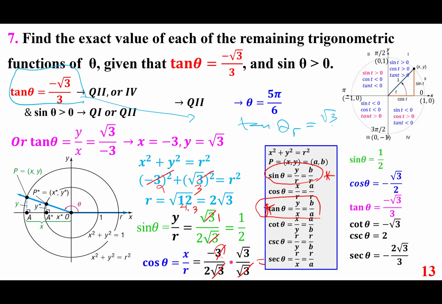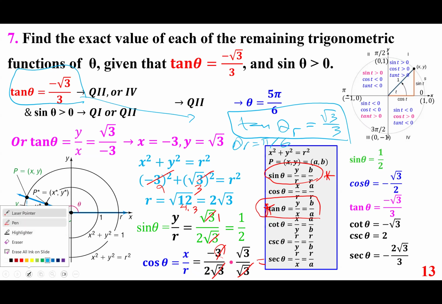You always change it to positive, and this is a common arc, and the reference arc becomes pi over 6. Okay, pi over 6. In the second quadrant, pi minus pi over 6 results in 5 pi over 6. That's how you come up with the answer.